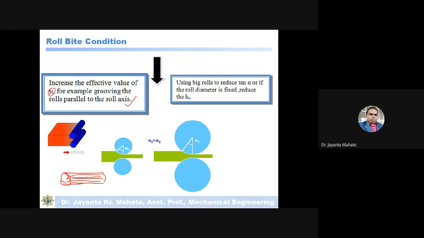If the surface is rough, the friction will be more, and the coefficient of friction can be effectively increased. And there are two situations: using a big roll to reduce the tan alpha, or if the roll diameter is fixed, reduce the H naught.